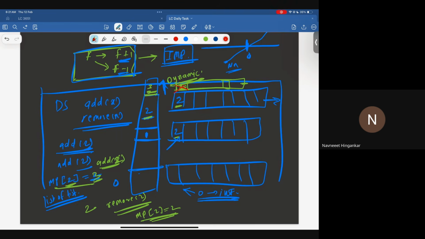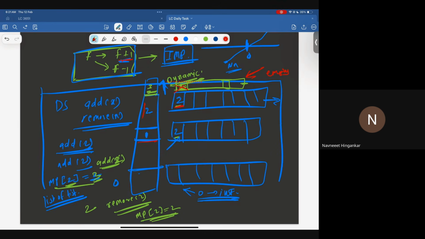Now the moment this list is empty, I will move to this list. I will check this 2 has count equal to 2, so my max frequency is 2. These are the f minus 1 applications, by the way, and you can use it on various examples. These are called incremental updates in short.